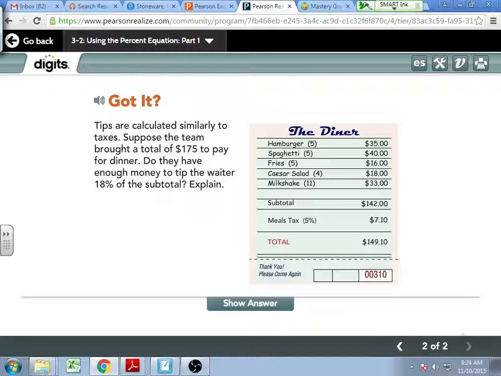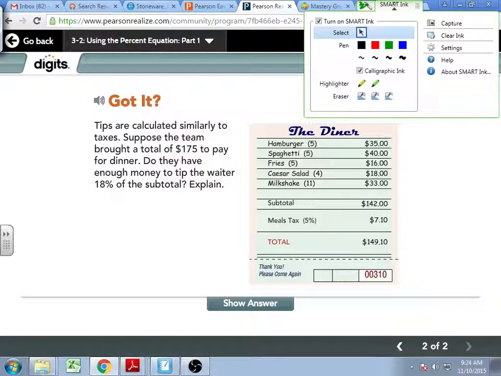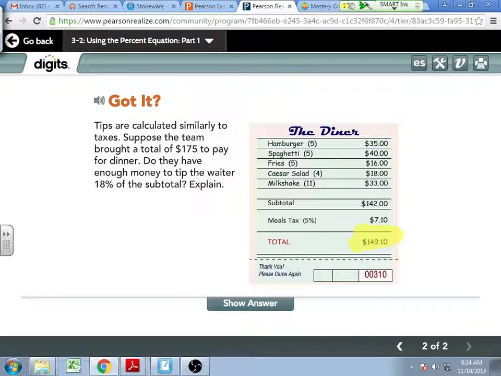All right, try this on your own. You now want to leave a tip. So you're using the same receipt from above. Notice you've got it right beside the example there. You know your total. However, when you leave a tip, and a lot of adults do this wrong, you should be tipping based off the subtotal amount. You don't need to tip on the tax that you paid.